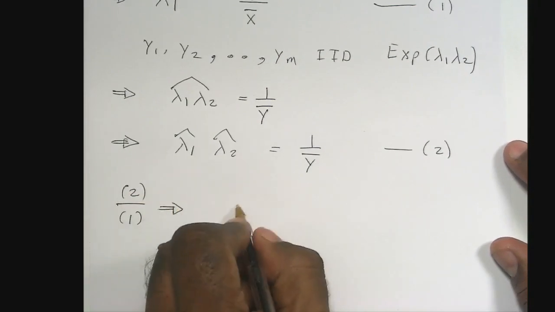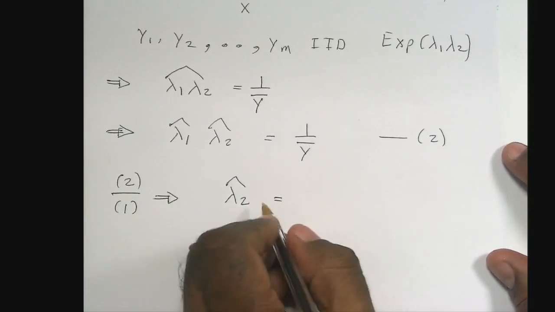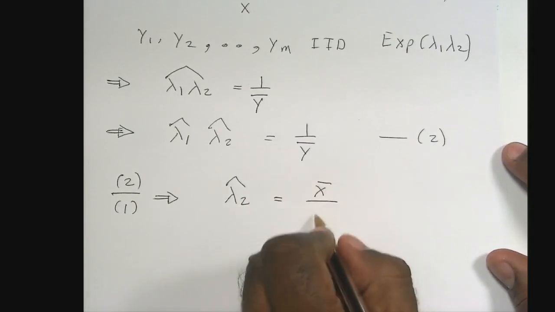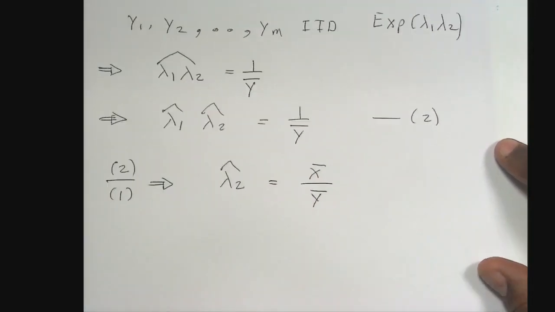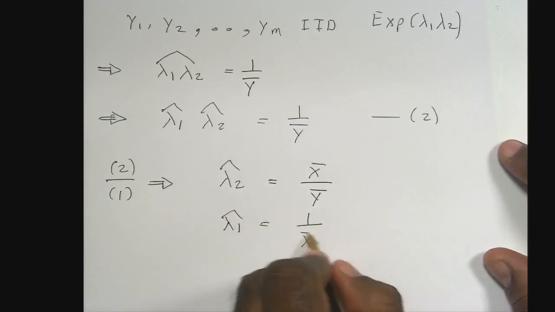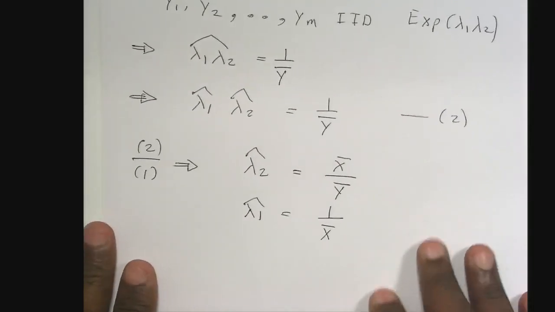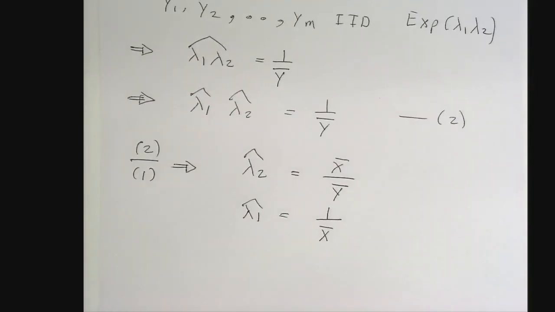You get lambda 2 hat equal to x bar divided by y bar, and lambda 1 hat is of course 1 divided by x bar. This is the shorter way to do the same question number 6.